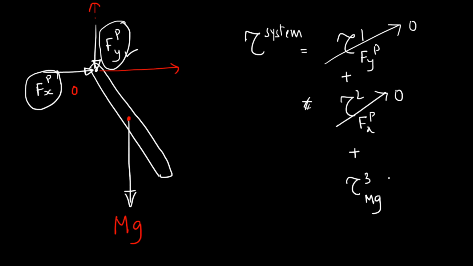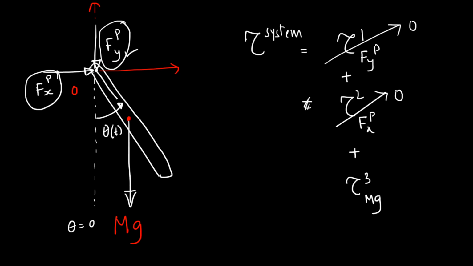And now this one, let's keep track of theta. This is the theta that we are trying to predict, theta as a function of time, and we'll take anti-clockwise as positive. Now what is the torque? Torque is negative. I think we've done this.